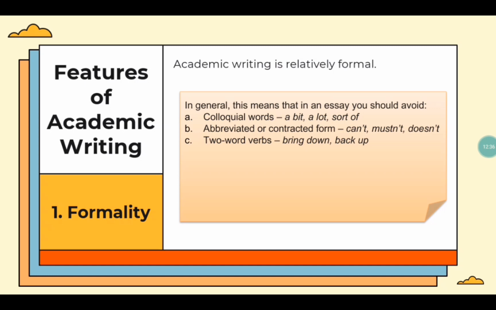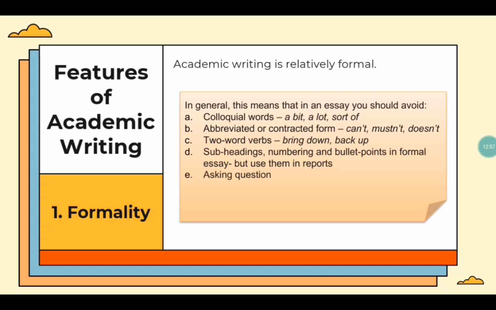Letter C. You should avoid two-word verbs like bring down or back up. Letter D. You should avoid subheadings, numbering, bullet points in a formal essay, but use them in reports. And also avoid asking questions.